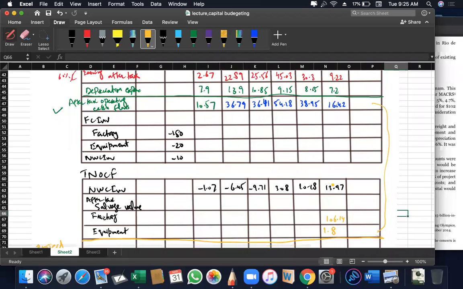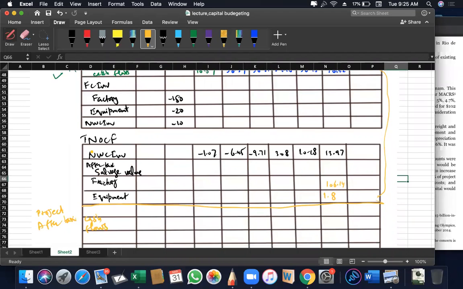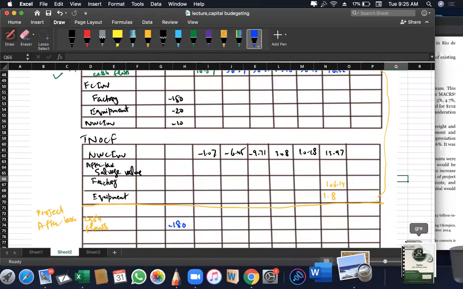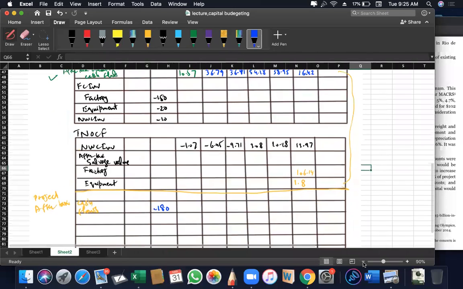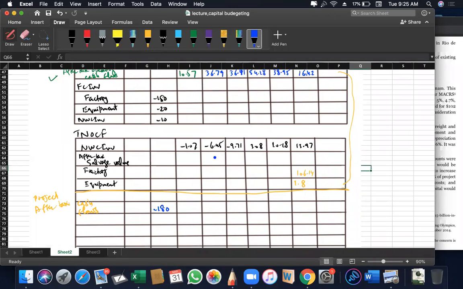For example, the first one is minus 180, and for the second one it is 10.57 minus 1.07, so you get 9.5.